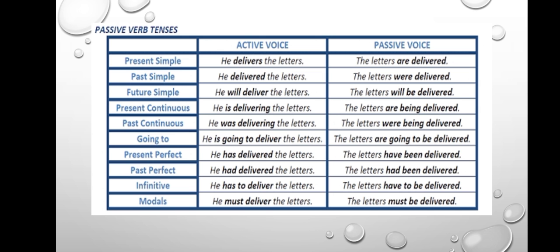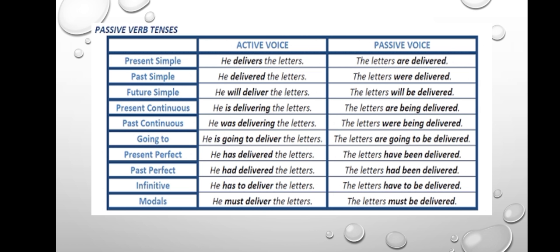Now, if the active voice is in simple present, while turning it into passive voice, we use the helping verb am, is, are as per the subject. Now the letters is the object of the active voice sentence.